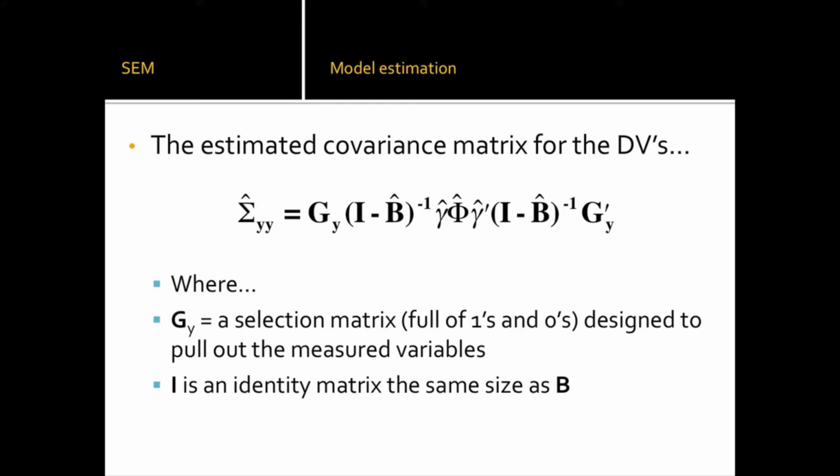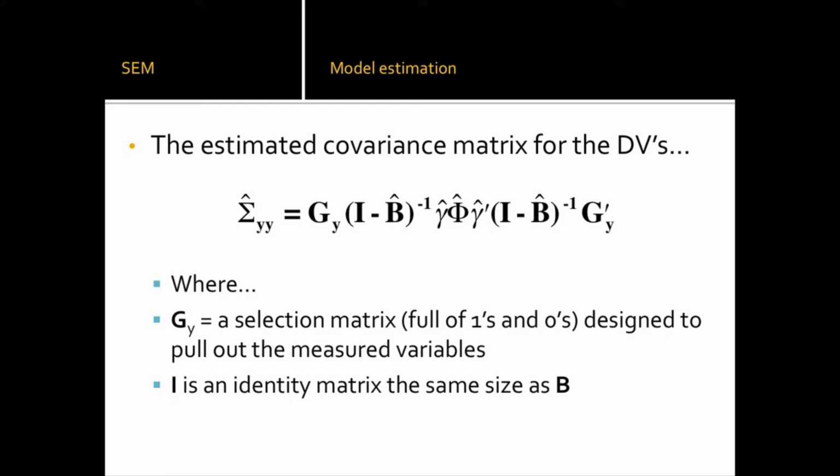Transposing a matrix means you're taking the rows and turning them into columns, or vice versa. Again, a matrix version of squaring. So if you're thinking about this in non-matrix terms, you've got a squared gamma on the top, and you're multiplying that by this phi matrix, which is your IV covariances.